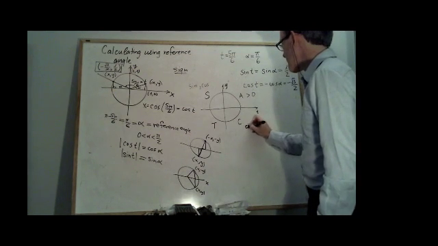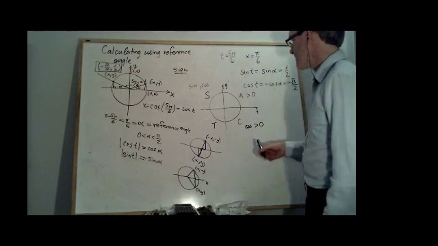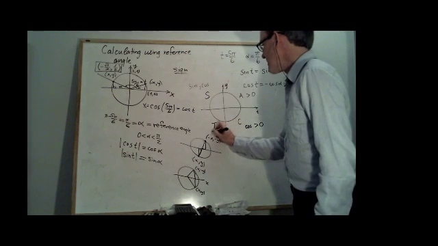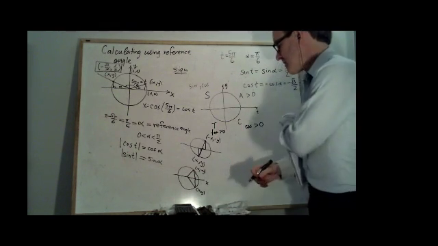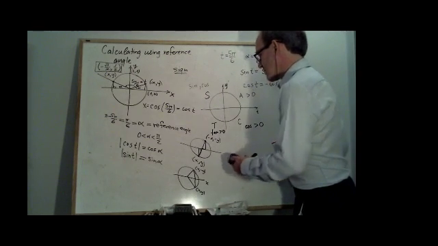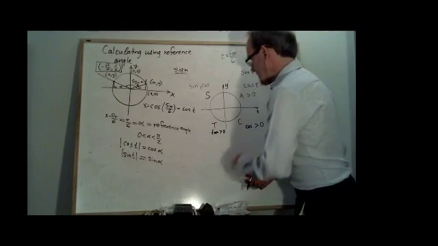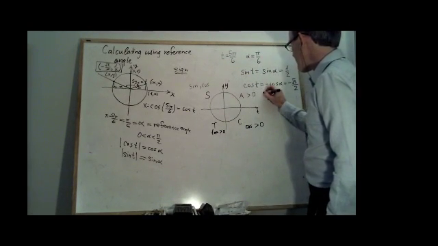Here, the cosine values are positive, and the rest are negative. The tangent will be negative, the sine will be negative. Here the tangent is the only one that's positive, the sine and the cosine are negative. So the first quadrant, we can always write it all out.